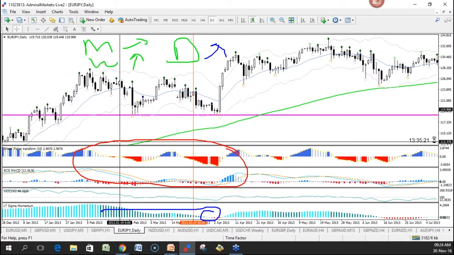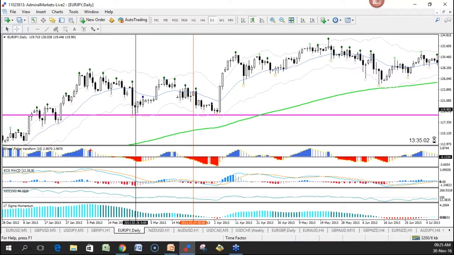You see that? And how does the retracement happen? The retracement happens in a nice three-wave pattern. And you can see that same thing here on the oscillators, three-wave, three-wave.